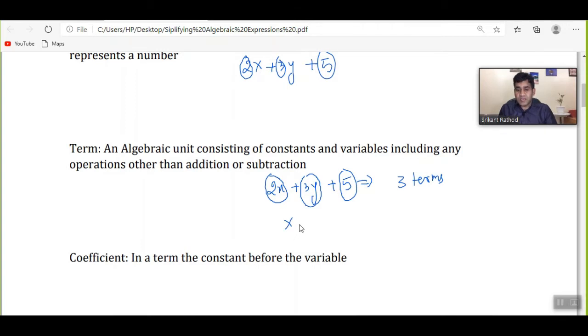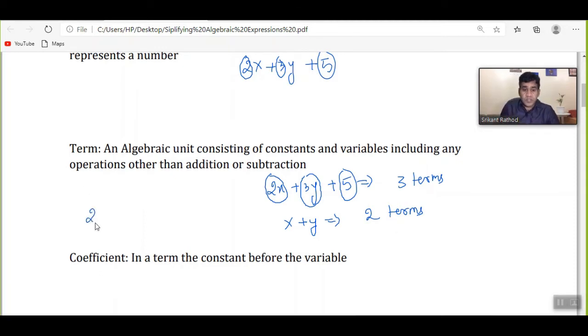Let me consider another example, x plus y. This expression has two terms, so that's x and y. So if any quantity is separated by addition or subtraction, count how many they are; those are considered to be terms.